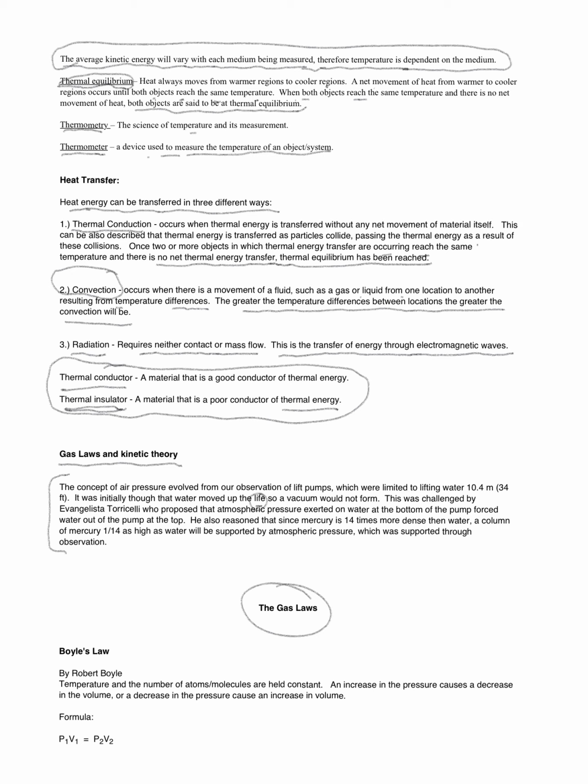This was challenged by Evangelista Torricelli, who proposed that the atmospheric pressure exerted on water at the bottom of the pump forced the water out of the pump at the top. He also reasoned that since mercury is 14 times more dense than water, a column of mercury 1/14 as high as water would be supported by the atmospheric pressure, which was supported through observation.